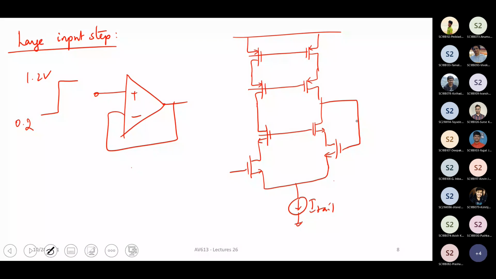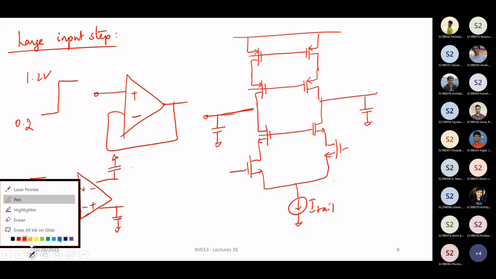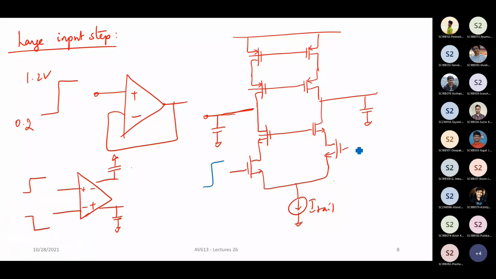It need not always be shorted. Let us say you have some differential. So this is one thing that can happen. Or if you have a fully differential system, this can go in one direction and this can go to another direction. It's a fully differential op-amp. It need not even be in feedback. You have some CL on both sides. I will just solve for this case, and a very similar thing will work for all the other cases. So let us say I am having a large step here and correspondingly a large downward step here.